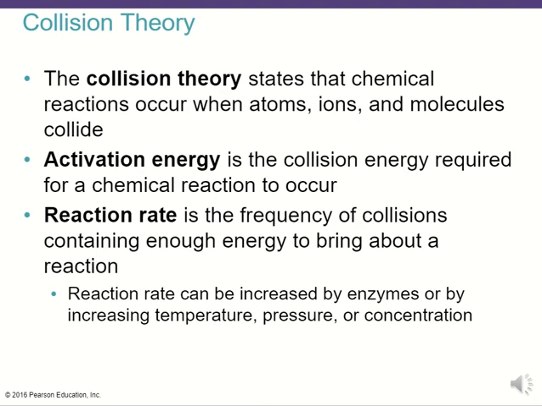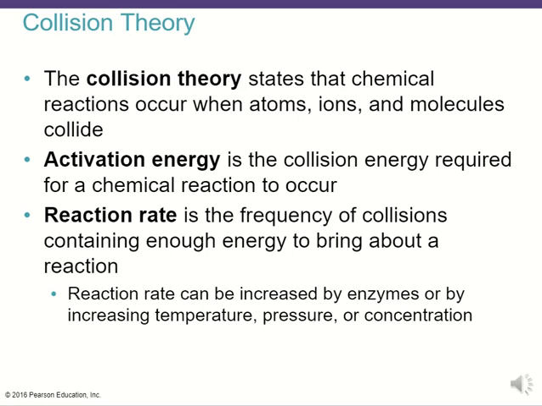Now, there is collision theory, which states that chemical reactions occur when atoms, ions, and molecules simply collide. The activation energy is simply how much energy is needed in the collision for the chemical reaction to continue from reactants to products.